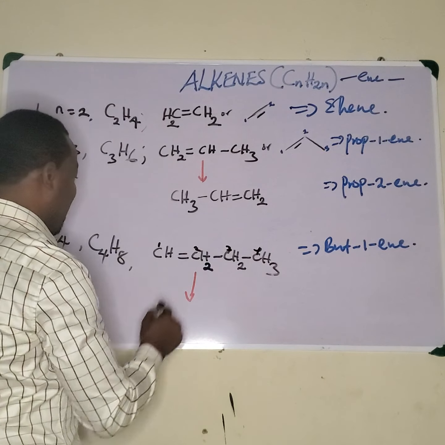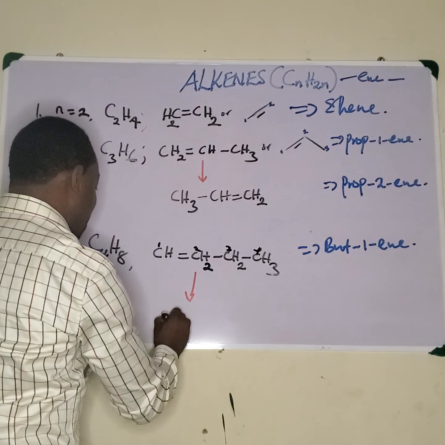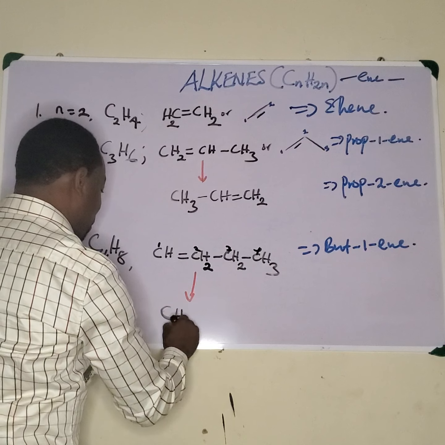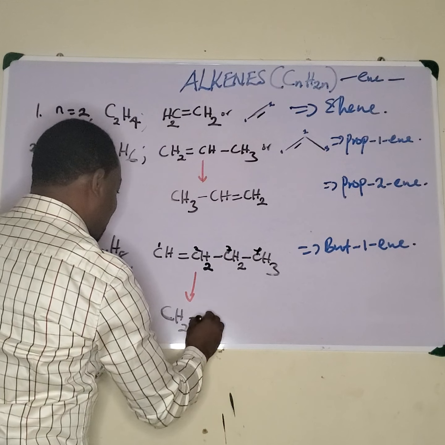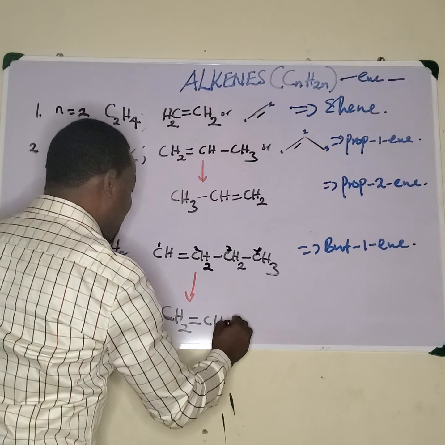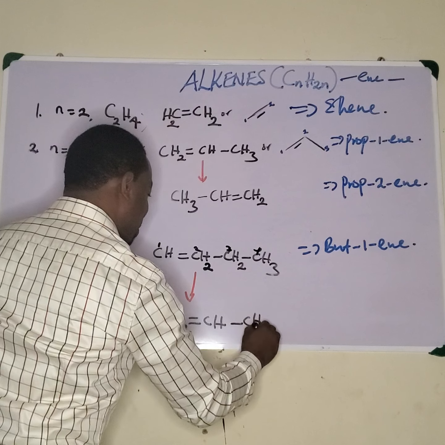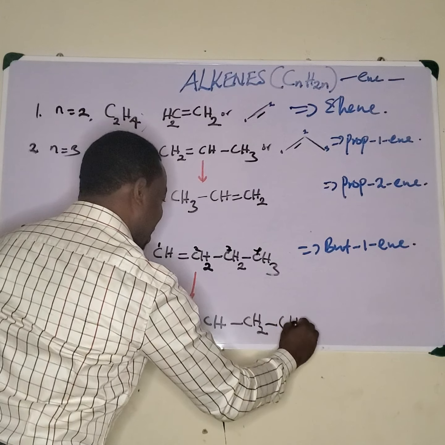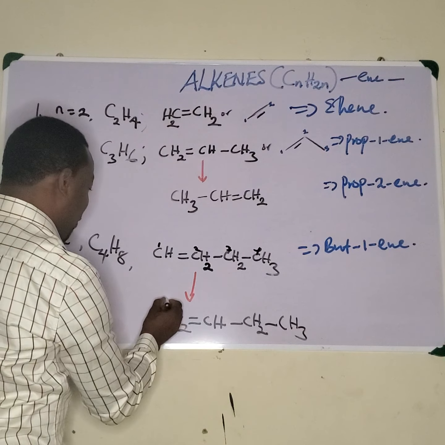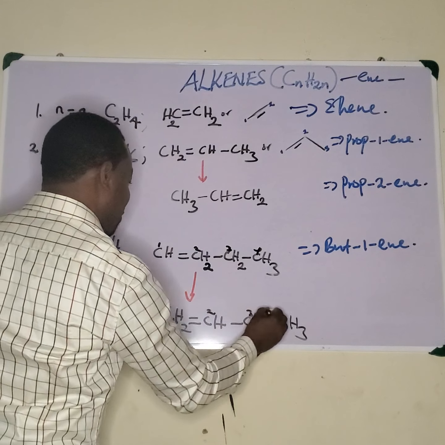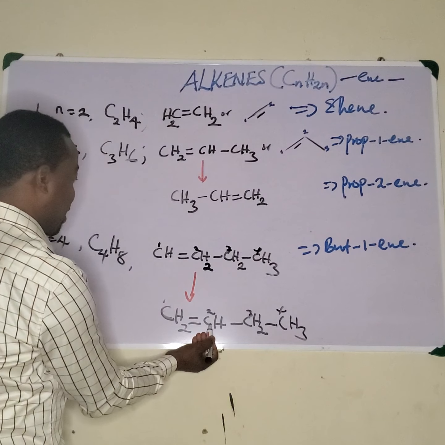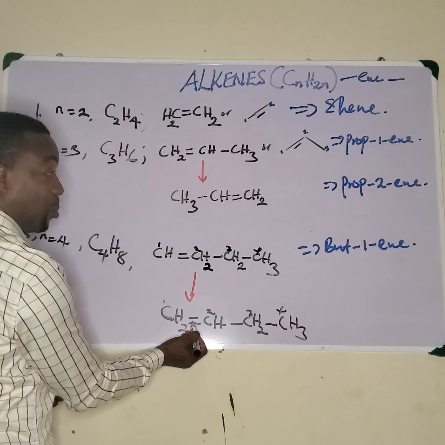Now, I want to get the isomer of this but. So we have got but-1-ene. So we are going to have CH2 double bond CH. Watch what I'm doing. CH2, and we have CH3. And in this case, I'm going to have 1, 2, 3, 4. So here, this is having the double bond.